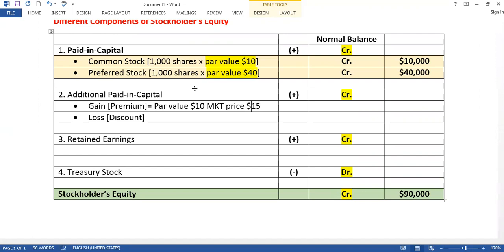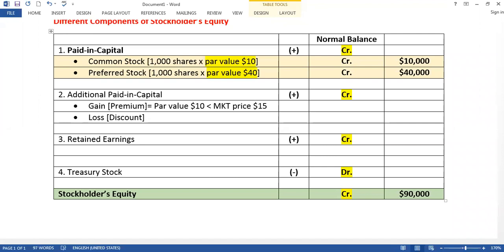Do you understand? So premium, our gain. So the par value of our share is $10. That means the market price is higher, right? Our par value is lower, but when we go to the market to sell our share, we receive $15 from the market. Do you understand?